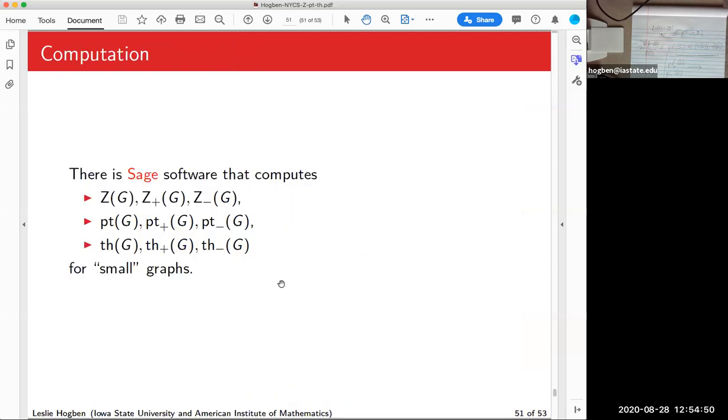And I just want to mention that there is Sage software that computes all of these things. The forcing numbers are currently out there. I have software that computes propagation, and by out there, I mean published on the Iowa State University Sage server, publicly available.